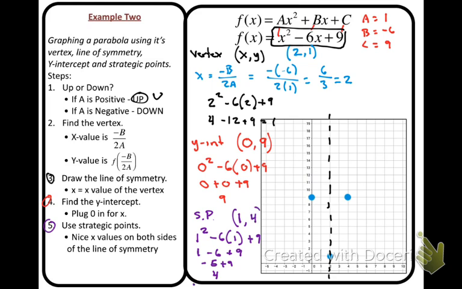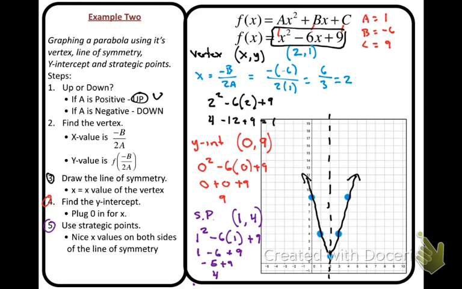So at (1, 4) is my strategic point. So if I go to (1, 4), get my strategic point, and I get my free point that I can reflect, we have our parabola there. A U shape, and to verify with step 1, we know that it opened upward and our parabola opens upward.